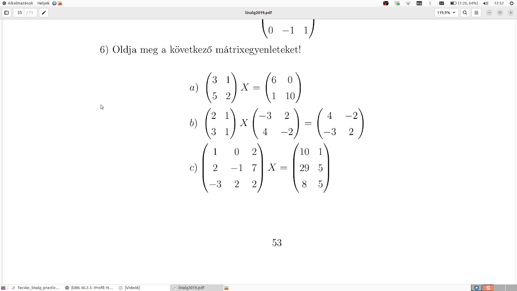Okay, so I have to find this. I have to invert the A. Big matrix, bigger, more opportunity to make a mistake.